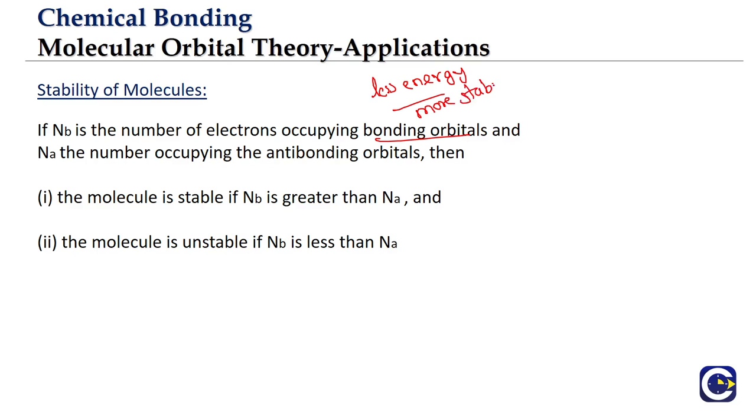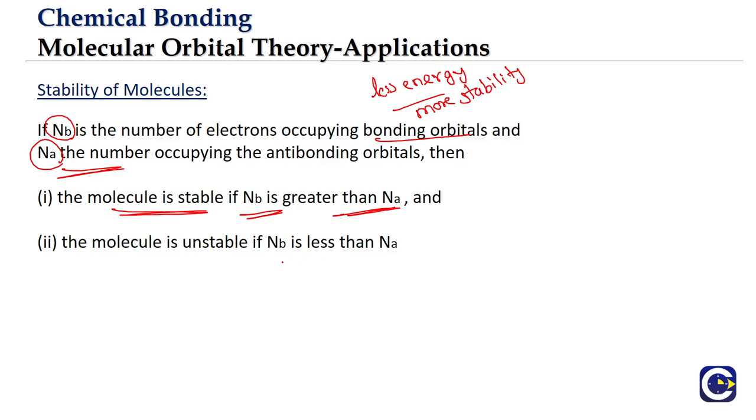So overall, if we have more electrons in the bonding orbitals than the anti-bonding orbitals, and if we represent n subscript b as the number of electrons in bonding orbitals, and n subscript a as the number of electrons in anti-bonding orbitals: if the number of electrons in bonding orbitals is more than in anti-bonding, that molecule is stable.